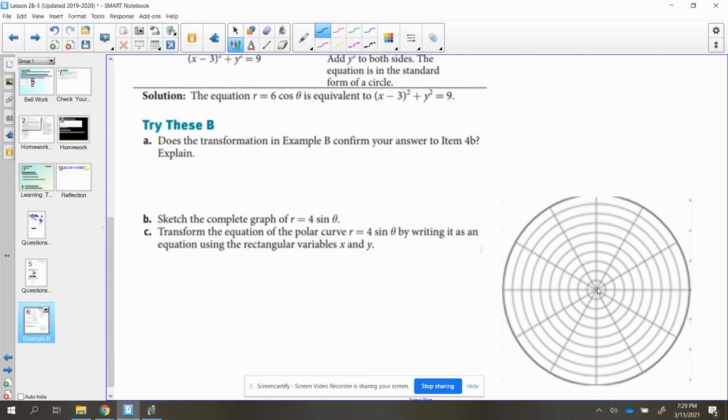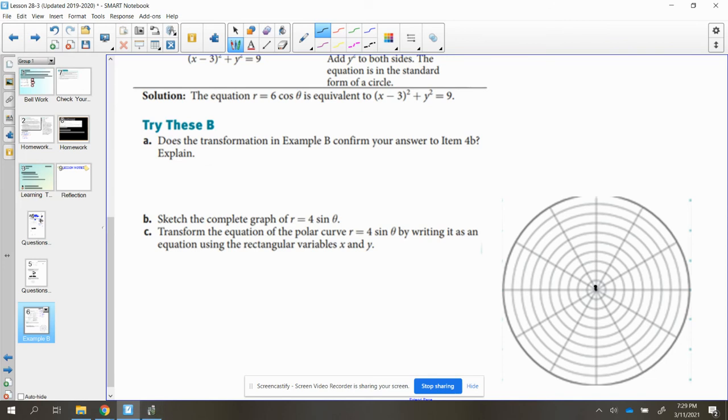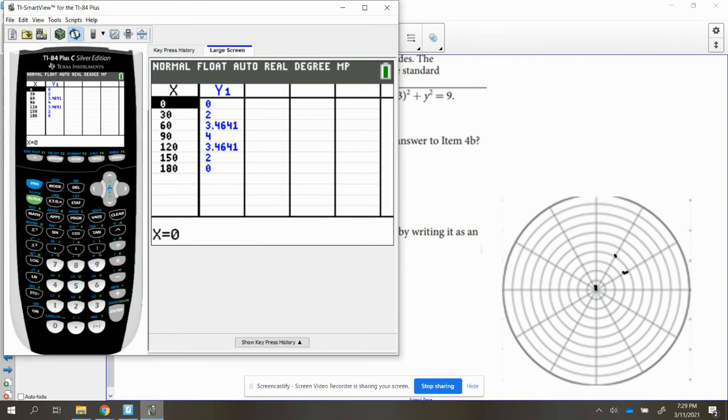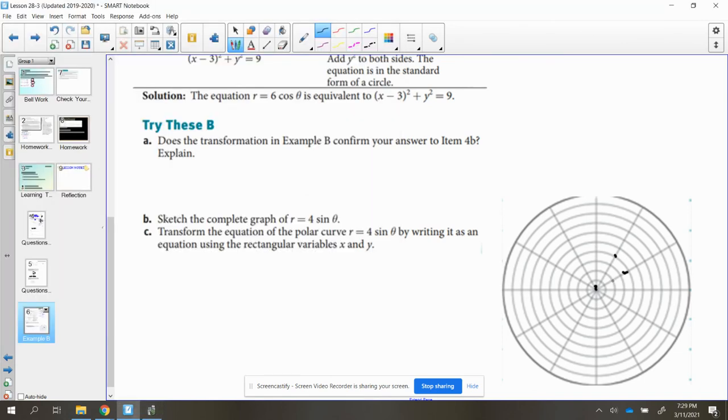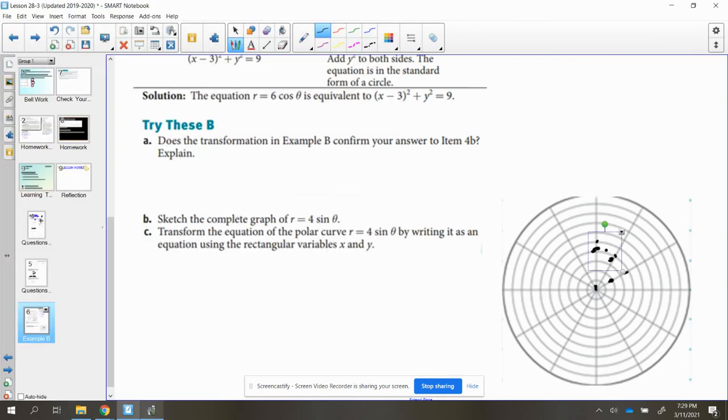We're at 0, and then we're at 2, 3.5, and 4. And then 2, 3.5, and 4. And then we follow back around to 3.5, 2, 0. So we have this little circle here.